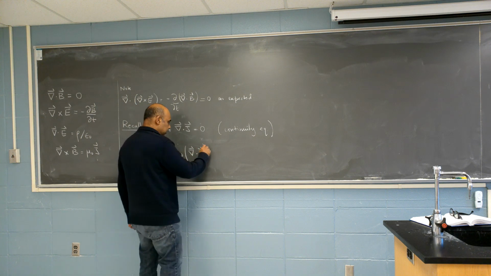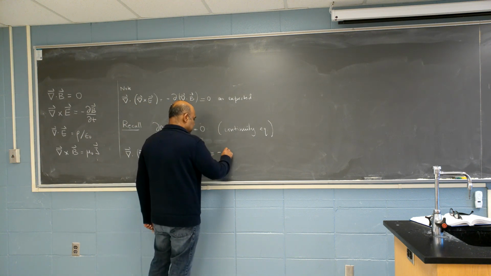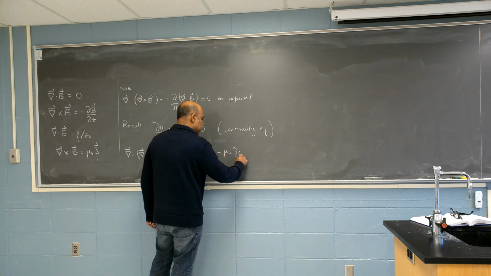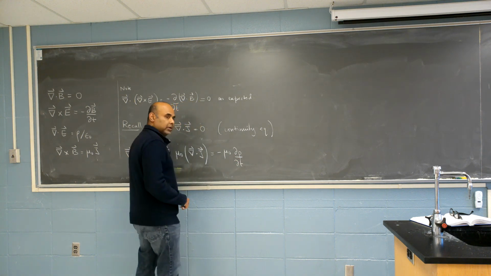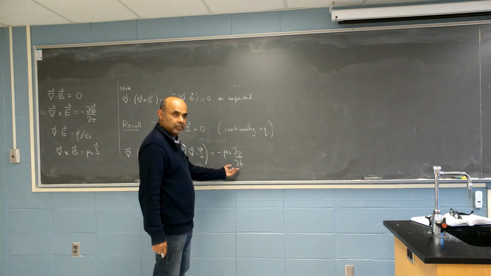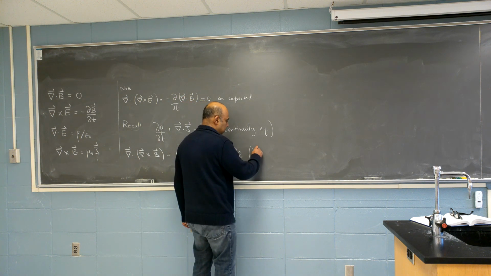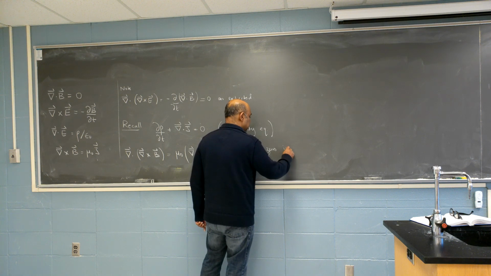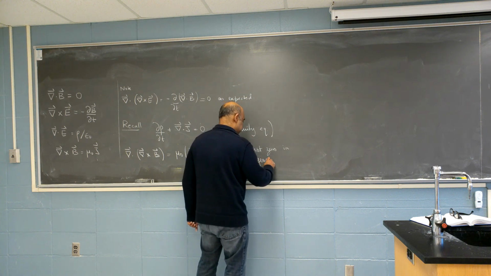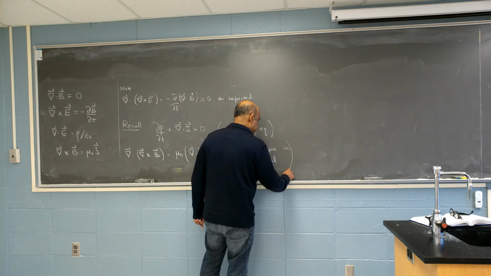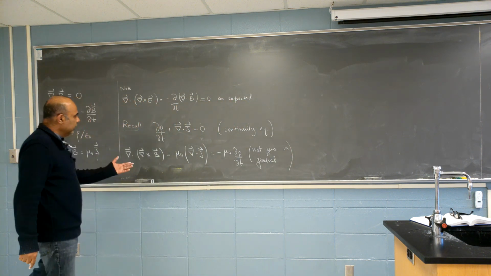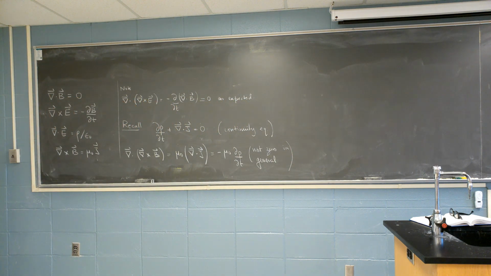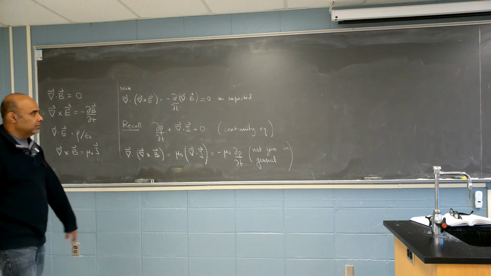Well, in fact, this is equal to minus mu 0 d rho dt. So this is not 0. Not 0 in general. And looking at this, Maxwell knew exactly how to fix it. Okay, so is that the problem?